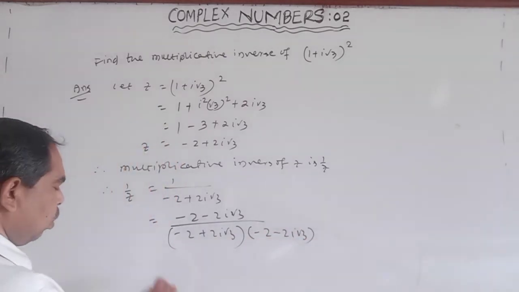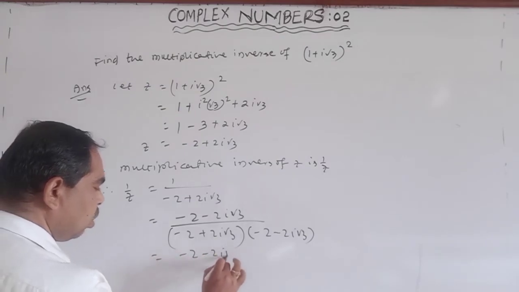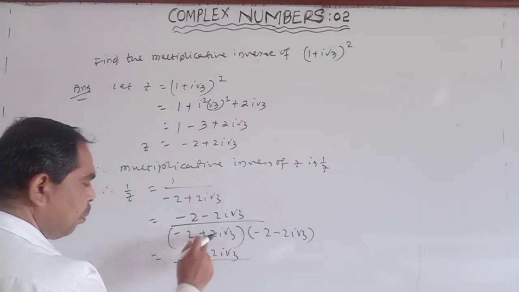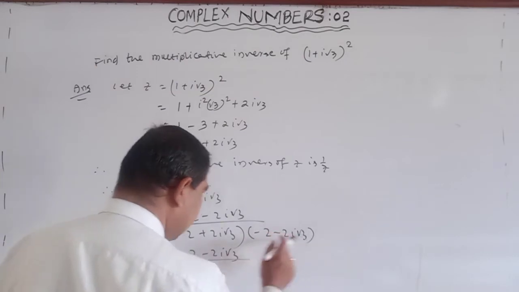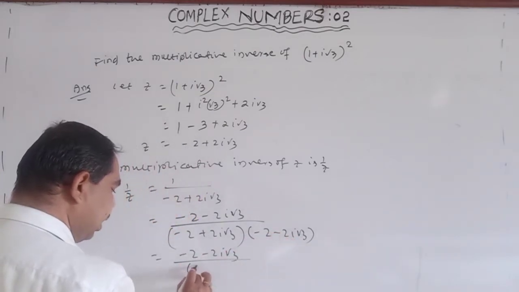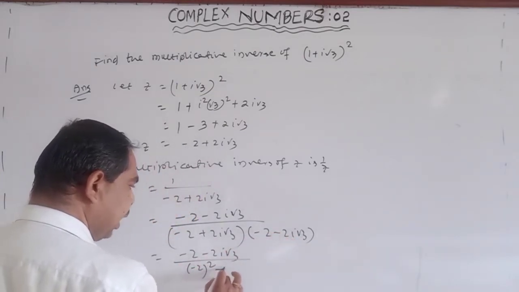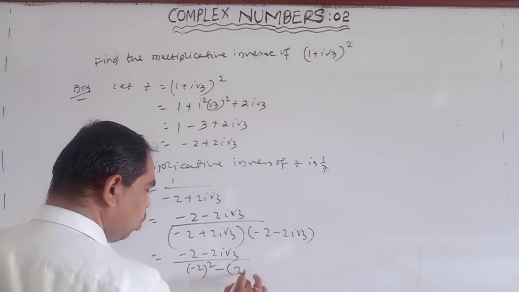So z is equal to minus 2 minus 2i root 3, divided by (a plus b) into (a minus b). So a square, a means minus 2 square, minus b square, b means (2i root 3) square.